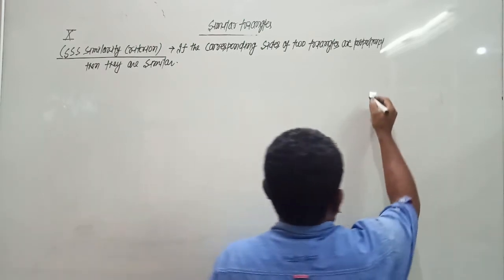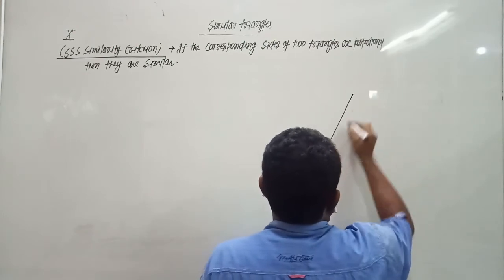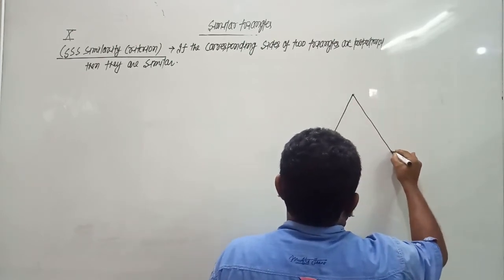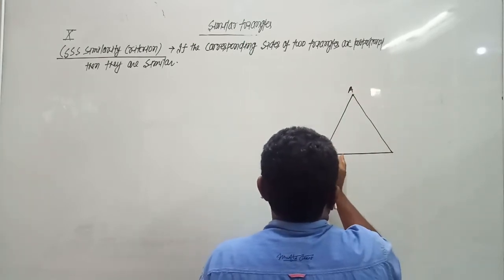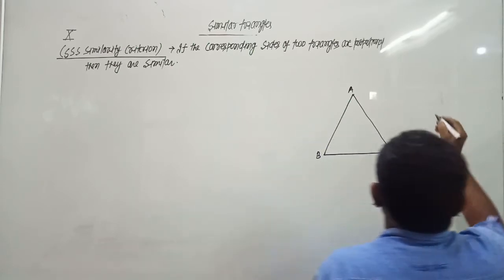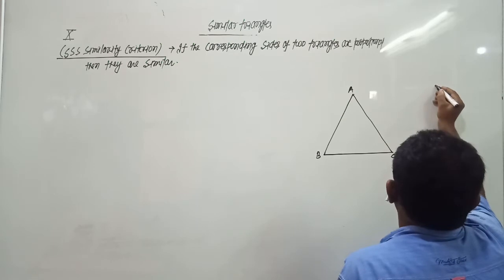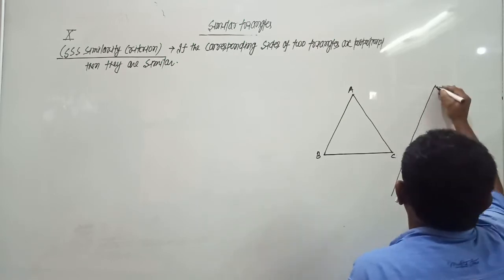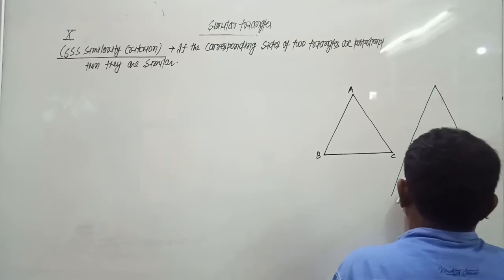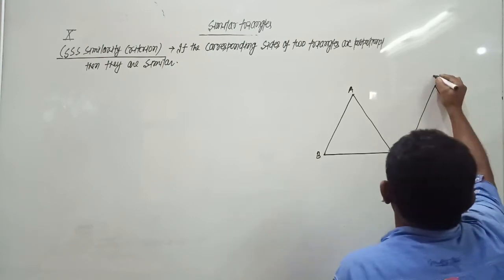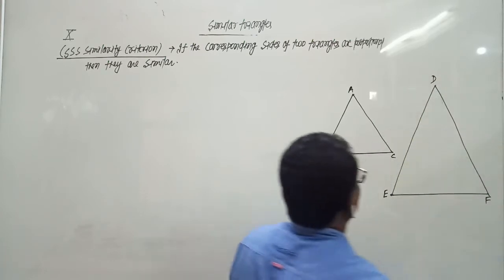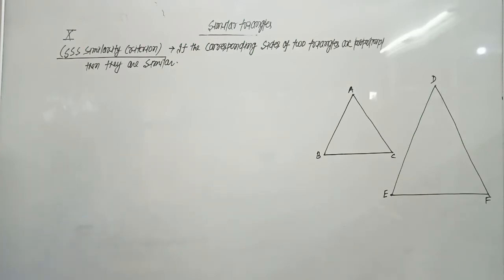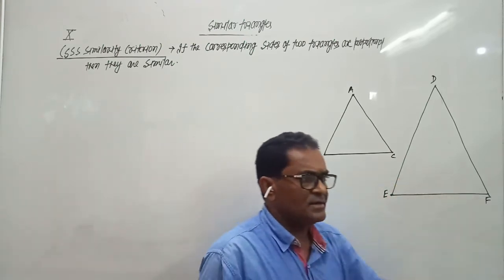So there are two triangles, triangle ABC and triangle DEF.